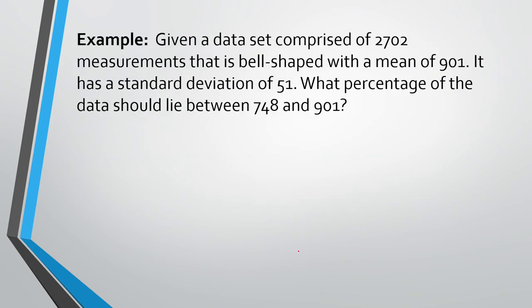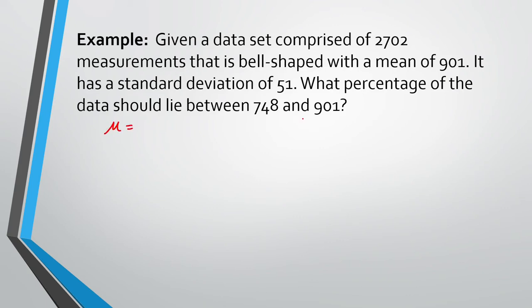Let's try another example. Given a data set comprised of 2,702 measurements that is bell-shaped with a mean of 901, it has a standard deviation of 51, what percentage of the data should lie between 748 and 901? Now I always want to write down the average first.